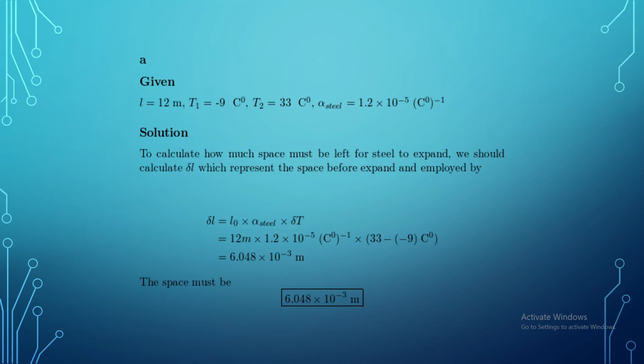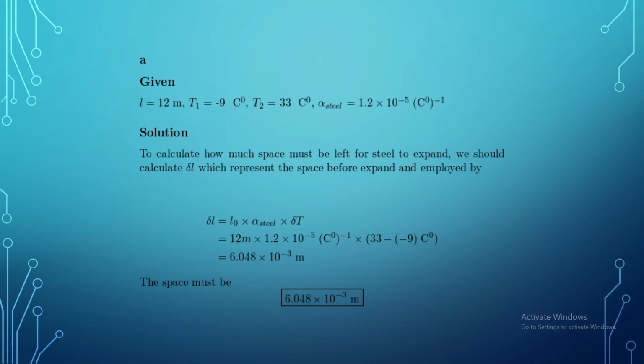Given length L is equal to 12 meters, temperature 1 is equal to negative 9 Celsius, temperature 2 is equal to 33 degrees Celsius, and the expansion constant of steel is equal to 1.2 times 10 raised to the negative 5 per Celsius. To calculate how much space must be left for the steel to expand, we calculate ΔL, which represents the space before expansion. ΔL is equal to initial length times the constant of the steel times the change in temperature.